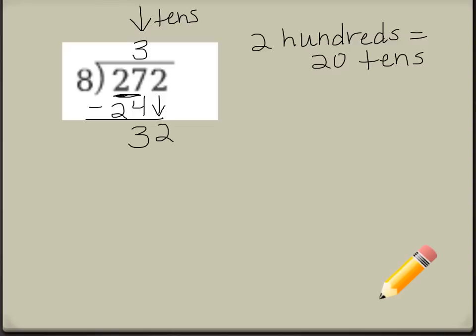Now I have 32 ones. Can I divide 32 ones by 8 groups? I sure can. 4 times 8 is 32. So now I take 32 ones minus 32 ones, and I have nothing left over. So for this problem, 272 divided by 8 equals 34.